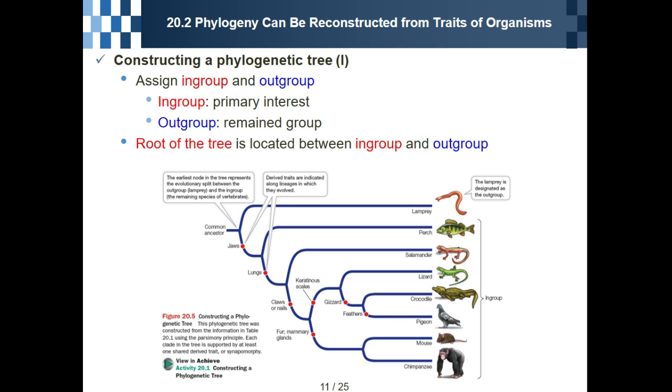For example, people are interested in the in-group, including human, chimpanzee and mouse. So this is the primary interest group, and we call it the in-group.